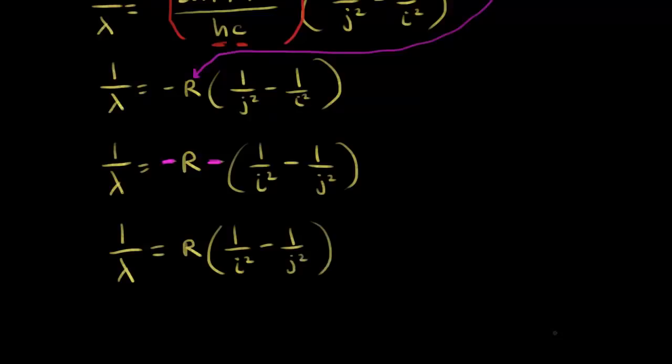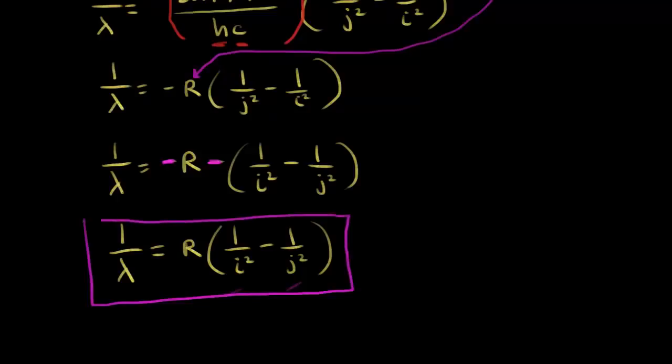And remember what i and j represented. i represented the lower energy level, and j represented the higher energy level. And so this is an extremely useful equation. Usually you see this called the Balmer-Rydberg equation. And we've derived this equation using the assumptions of the Bohr model. This equation is extremely useful because it explains the entire emission spectrum of hydrogen.